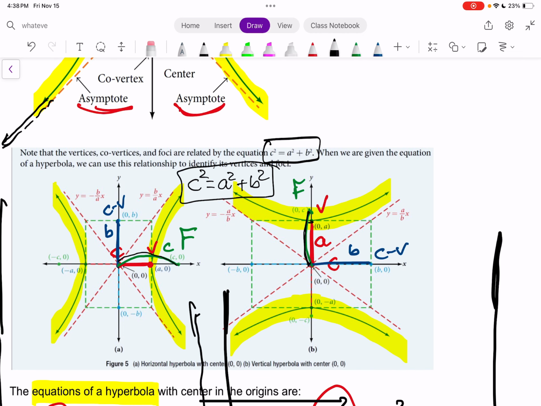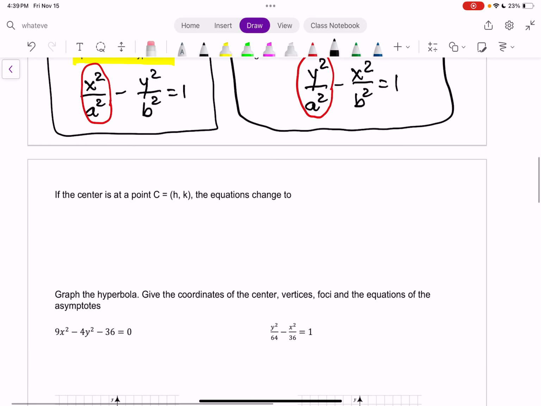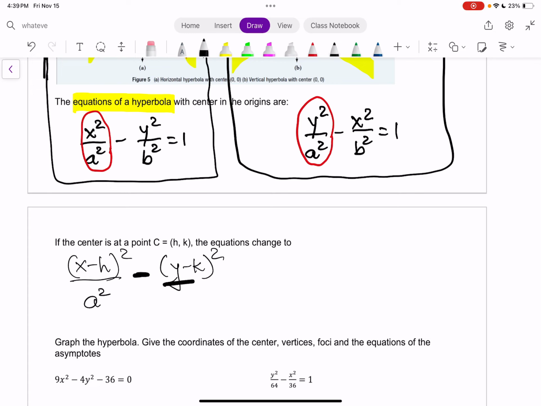Okay. All right. So we'll keep practicing on these concepts, and with practice, we'll learn about it. And same thing, if the center is taken away from the origin, but it's put to some kind of H and K coordinates, then we'll have to subtract those from x and y.